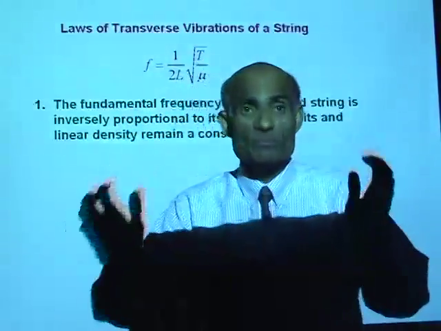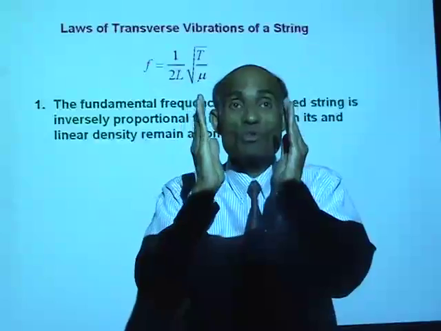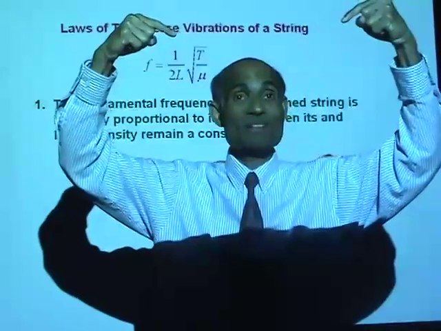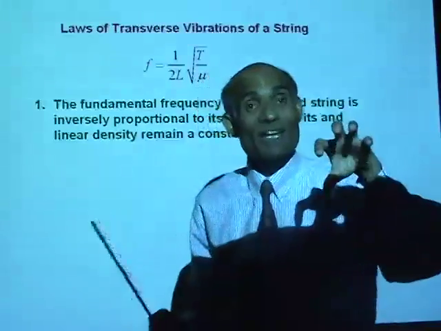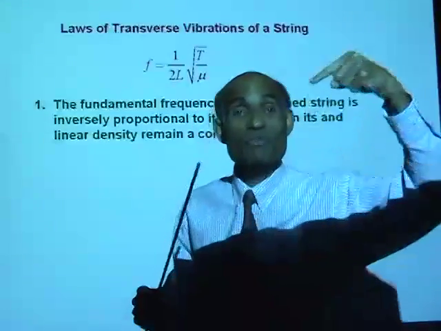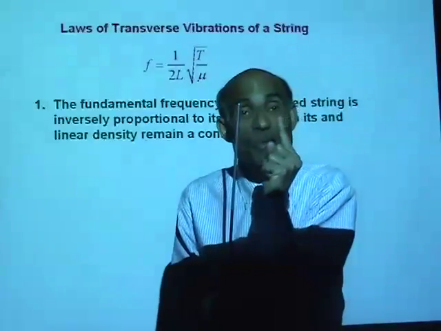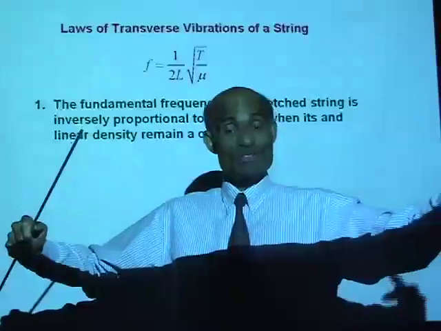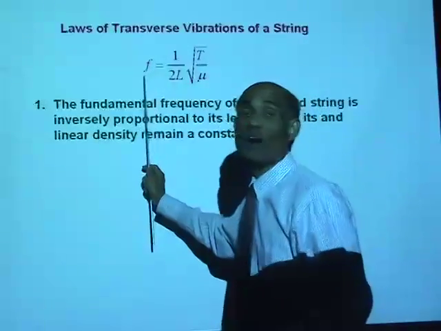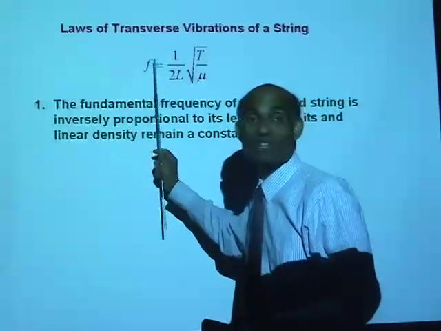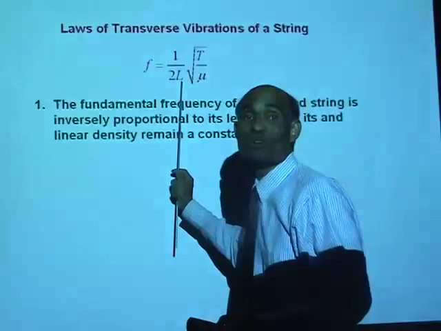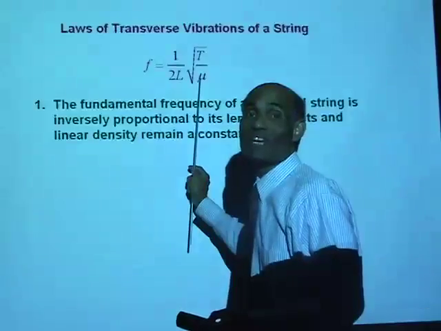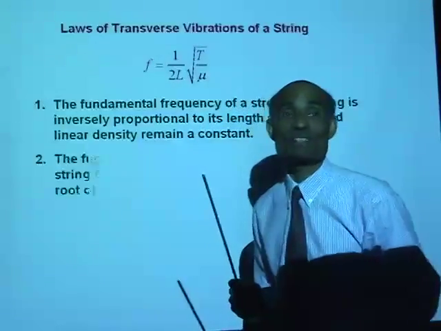It means as the length of the string becomes shorter and shorter, the frequency becomes higher and higher. Is that right? Yes. If you look inside your piano, the highest frequency is produced by the shortest wire, and the lowest frequency is produced by the longest wire. The frequency of the fundamental mode of vibration is inversely proportional to the length of the string when the tension and the linear density are constant.